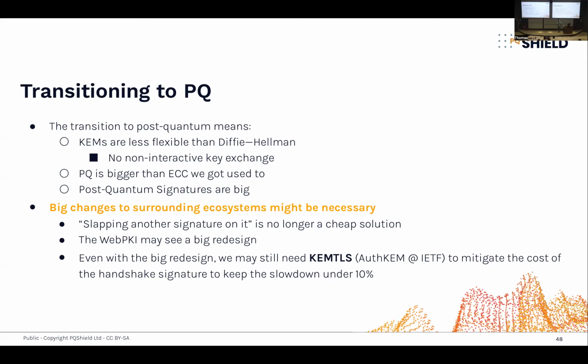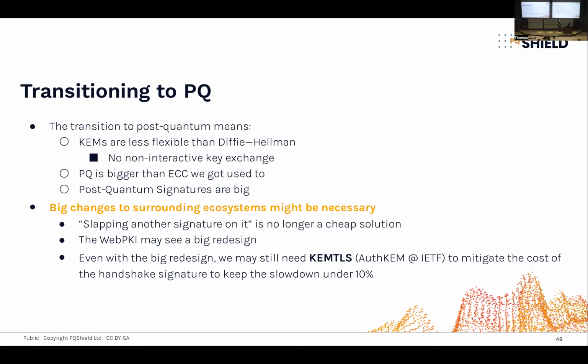Even if TLS doesn't need to be redesigned, we know that post-quantum primitives are quite a bit bigger than the elliptic curve crypto that we got used to, and this is particularly true in the signatures case. But it's not just the protocols themselves, it's the surrounding ecosystems that we built on top of those often cheap signatures, the cheap key exchange that we especially have with elliptic curves. We might need to reconsider some of those designs.